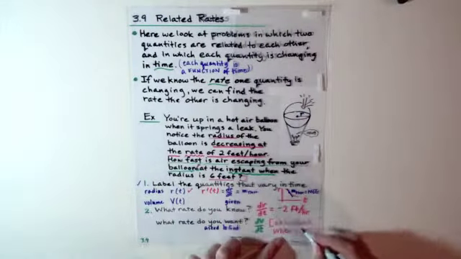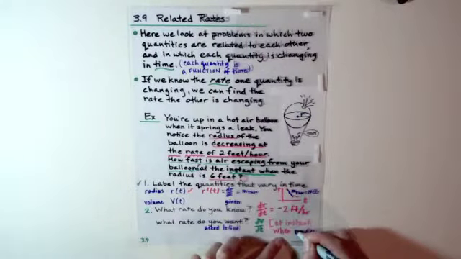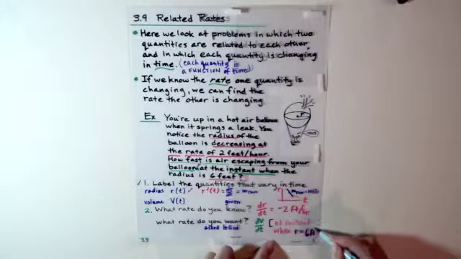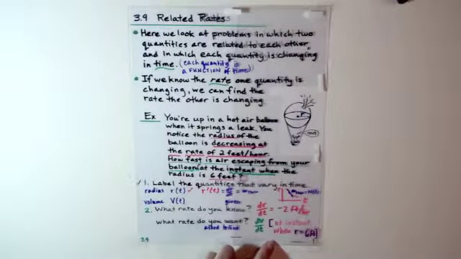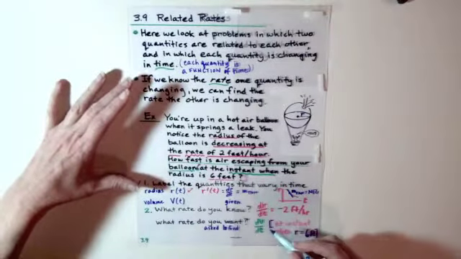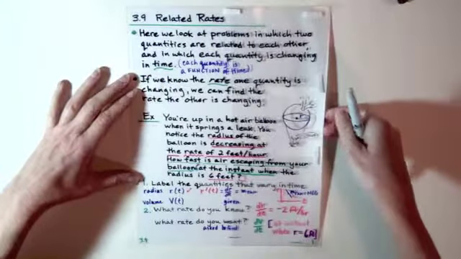So we want it at the instant when the radius is exactly 6 feet, and we'll use that information really at the very end of the problem. But we're going to write that in there to keep in mind that we want to know dV dt at the instant when r is equal to 6 feet.